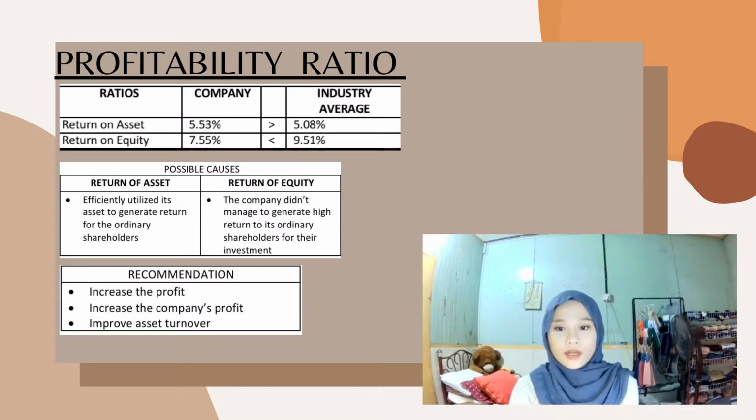The possible cause is that the company did not manage to generate high return to its ordinary shareholders for their investments. Some recommendations to improve return on equity are by obtaining more sales and increasing the product price. Other than that, lowering the cost of goods sold and overhead expenses also can increase the company's profits, which will result in higher return on equity.